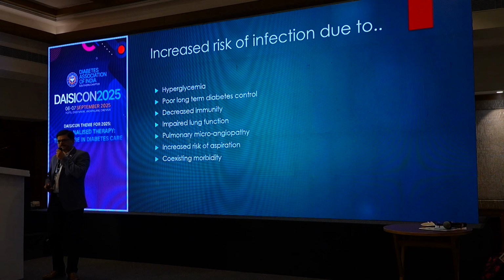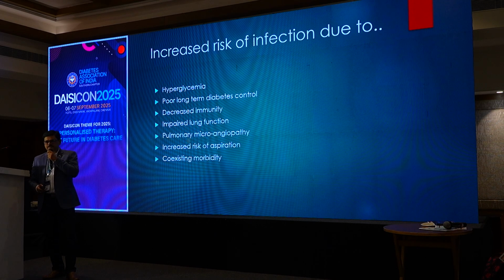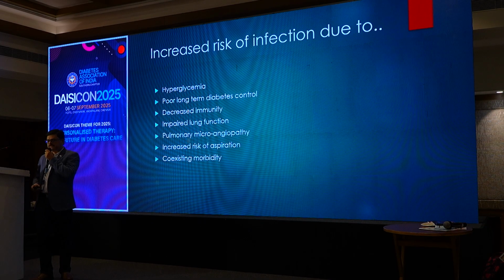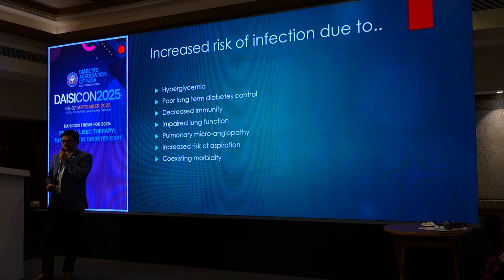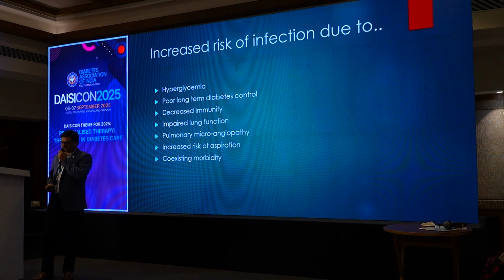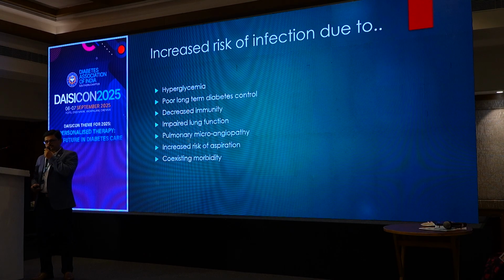The increased risk of infection in diabetes and other immunocompromised states: hyperglycemia per se is an increased risk factor, and poor long-term control of diabetes is also a factor. Diabetes causes decreased immunity, impaired lung function, a chance of pulmonary microangiopathy, and increased risk of aspiration and comorbid conditions like hypertension, obesity, OSA.